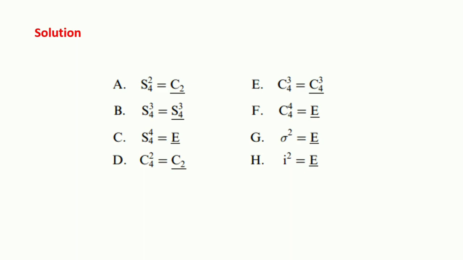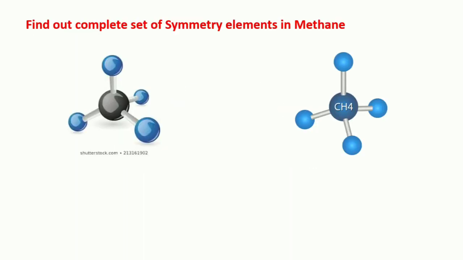So I would like to give some more examples to find the symmetry elements in different molecules. Here is the example of methane. It's quite easy. I think you may be very well aware of this molecule, and I do believe you can solve this.